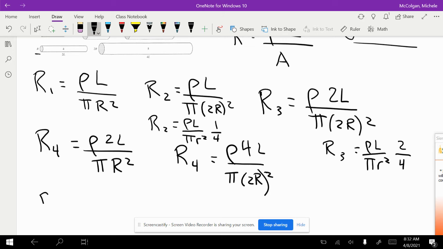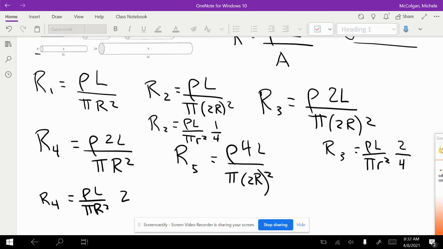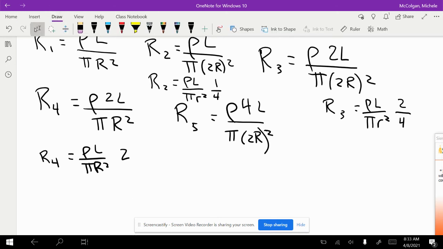R4 is going to be rho L over pi R squared times 2. I think I made this 4 and it should be 5. R5 is equal to rho L over pi R squared. Then I have a 4 on top and a 4 on the bottom.